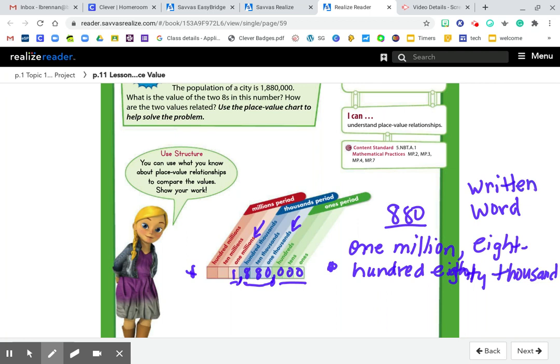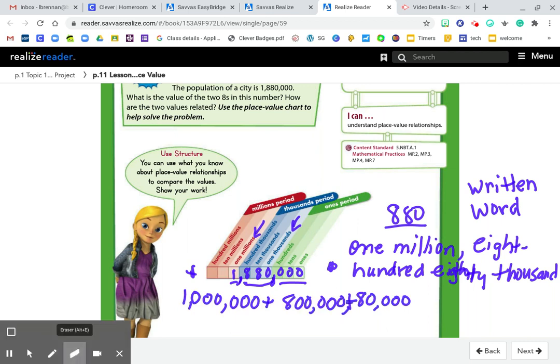And if I were to write this in expanded form, I would write 1 million plus 800,000 plus 80,000. I'll put a plus there, not a comma.